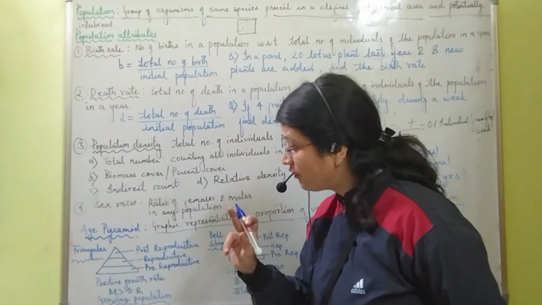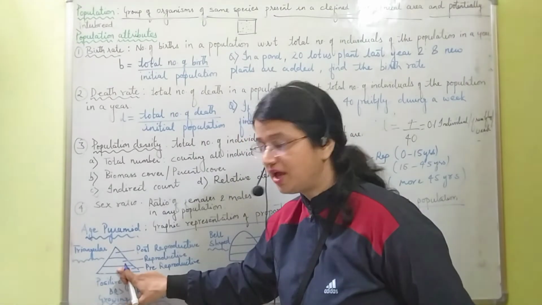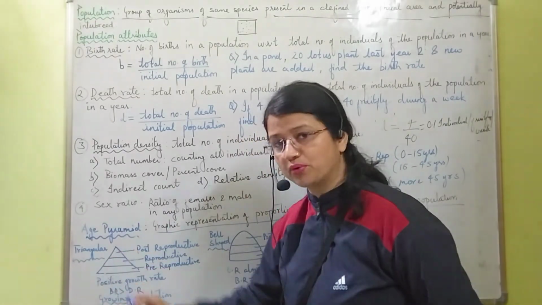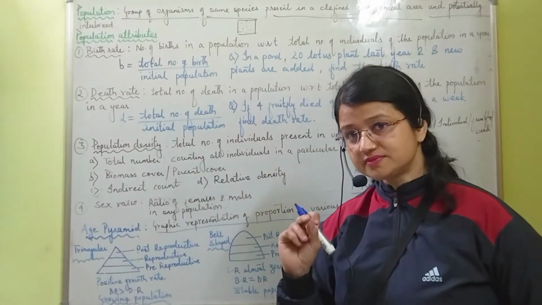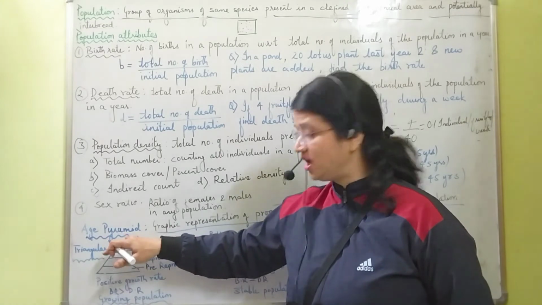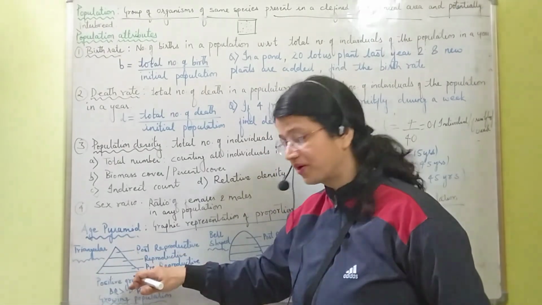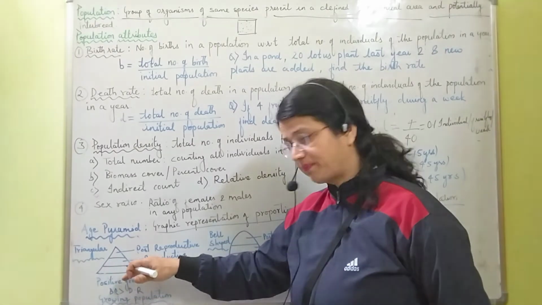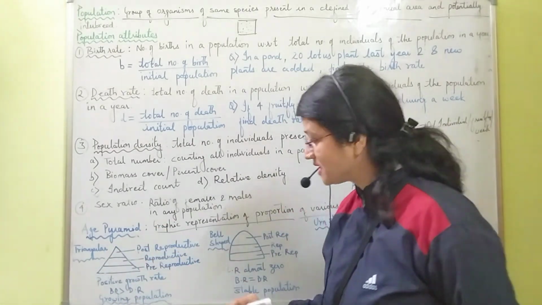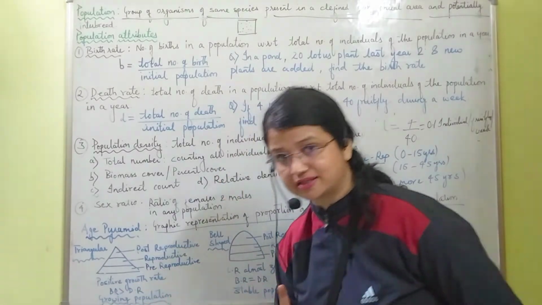First thing. Why are we getting a triangular age pyramid? Because the pre-reproductive are more than the reproductive, and the least is the post-reproductive. If we make the age pyramid in context to India, we will get a triangular pyramid. It means in India, pre-reproductive are more than the reproductive, and the least is post-reproductive. Second, here the birth rate is more than the death rate.